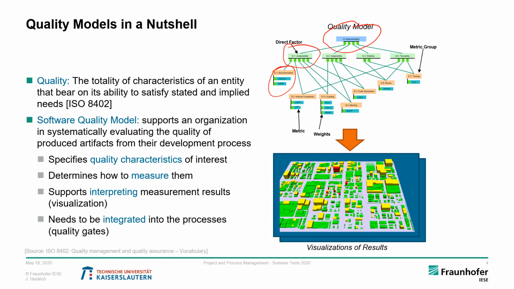So your source code, the architecture, the requirements document, the test cases, and all the other things that could potentially come into play here. So software quality models specify quality characteristics of interest. They try to break it down, how to measure that. Also supports interpreting the measurement results. So we may have some kind of visualizations, as you see here.